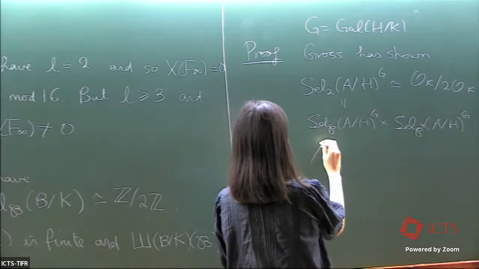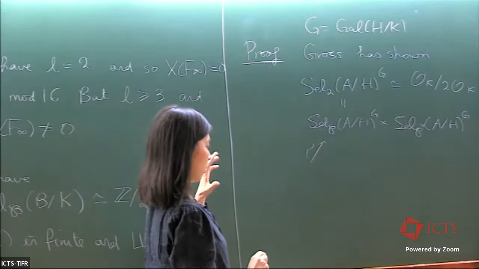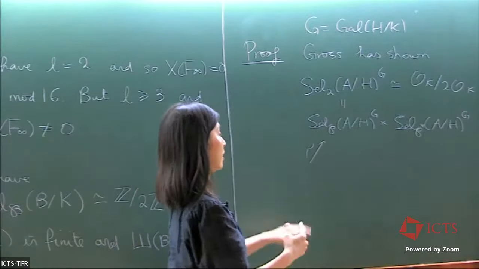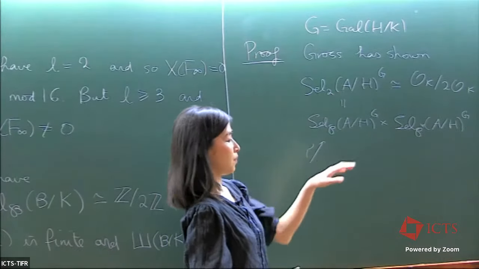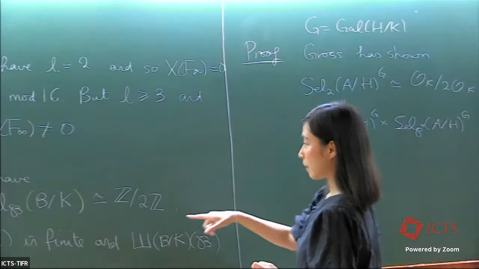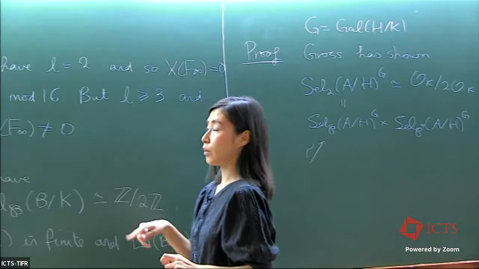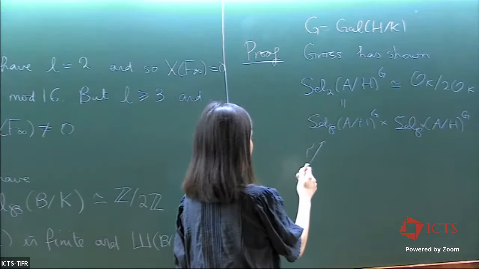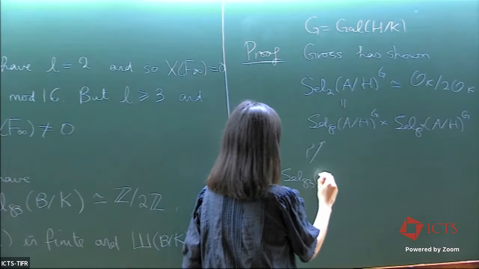And we also know that the Mordell-Weil group of B over K coincides with the Mordell-Weil group of A over H, and the frac P torsion point on A is isomorphic to the frac capital P torsion point of B as modules over the Galois group of K bar over H. And then you can show that this restriction map is an isomorphism.